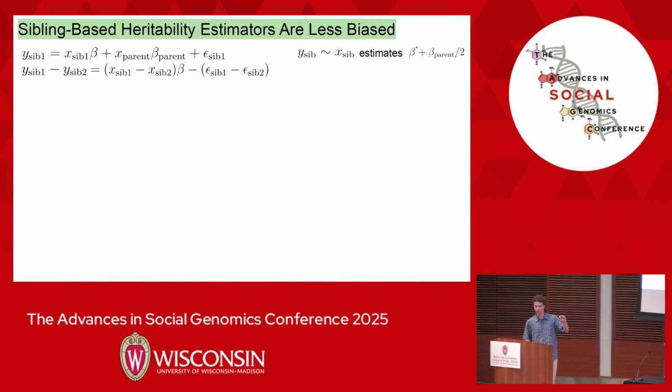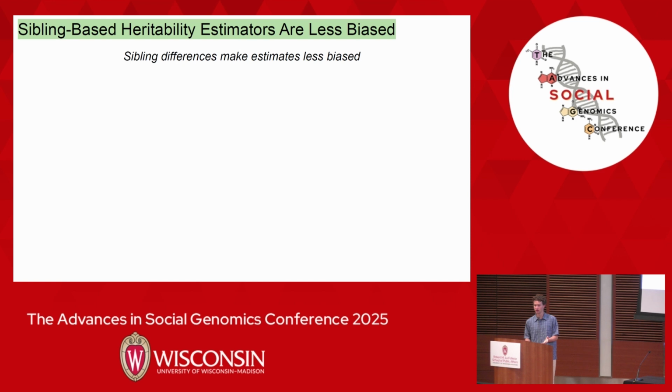So if you regress the phenotypic difference onto the genotypic difference, it'll just estimate the genetic effects that we're interested in here, if there are no sibling indirect genetic effects. But for the most part, it'll remove that bias. If you didn't follow any of that, all you need to know is that sibling differences make estimates less biased.